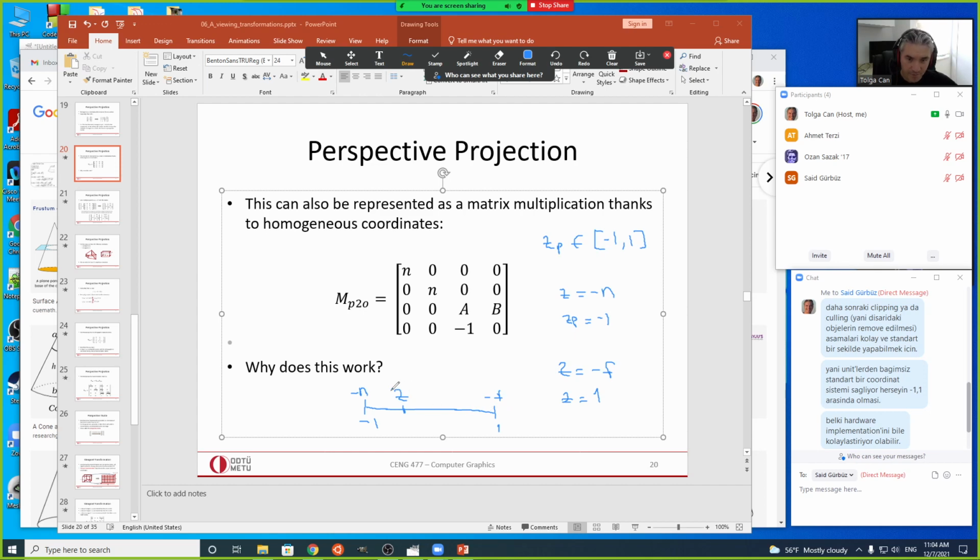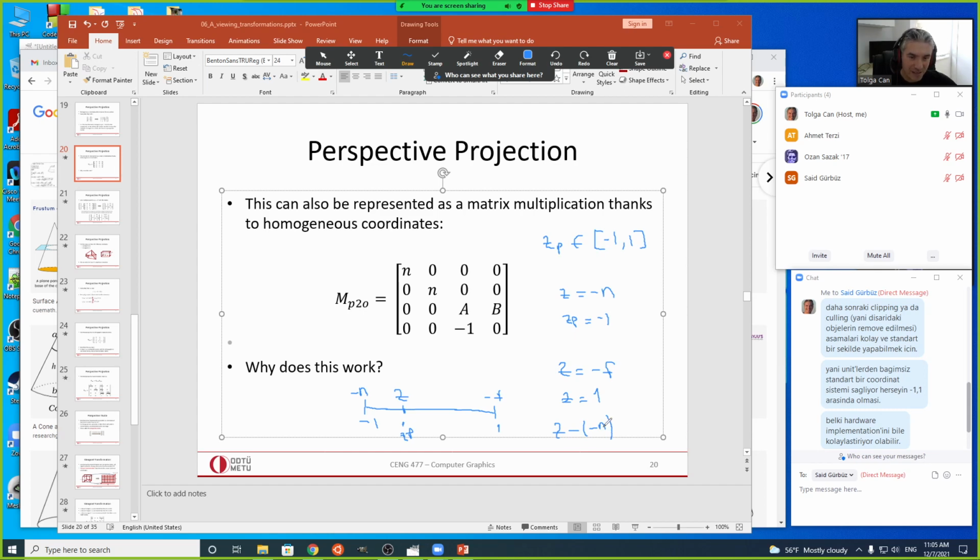If this was its original z coordinate, I want zp to be somewhere here. So it's z minus -n, divided by -f minus -n.